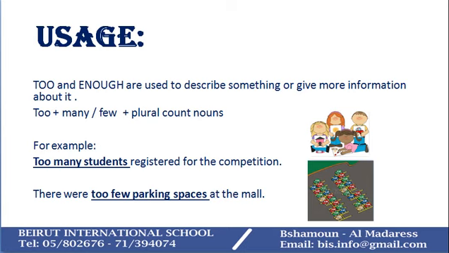When I say too many students, it means I expected a certain number of students to come, but the number that attended or came to participate in the competition was way more. For example, I expected 10 people to participate in the competition, but eventually 30 people came, so the number was way more than I expected.